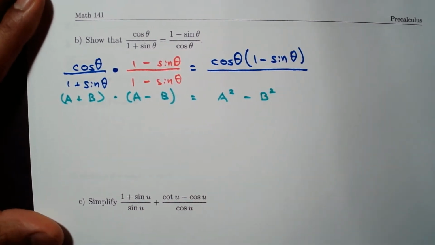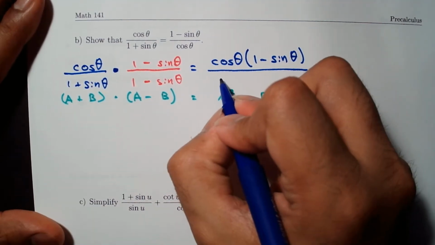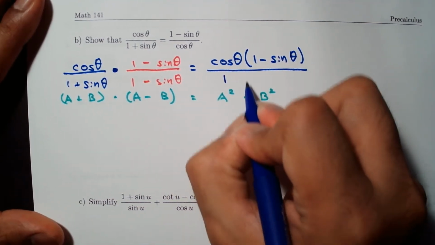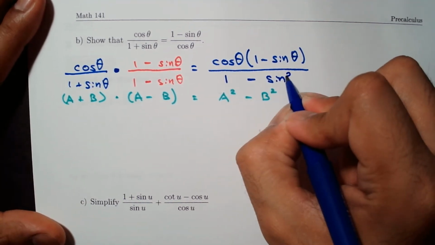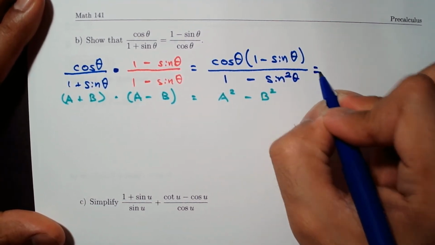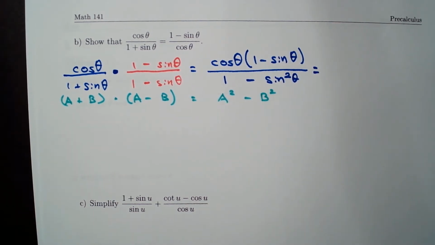All right, so what are we going to do? We're going to write 1 squared, which is 1, minus the quantity b squared, which is sine squared. Well, it looks like we're making this a little bit more complicated than it actually is.